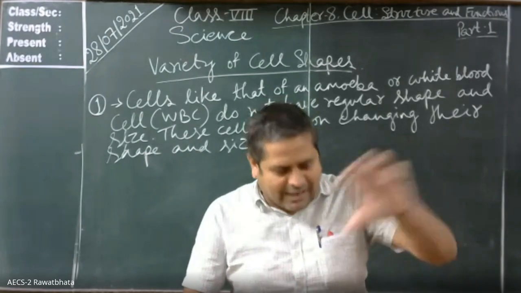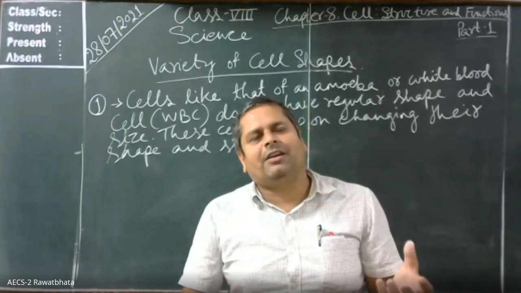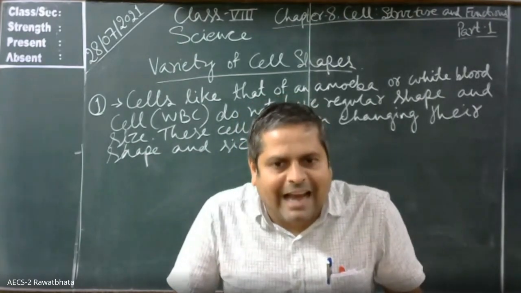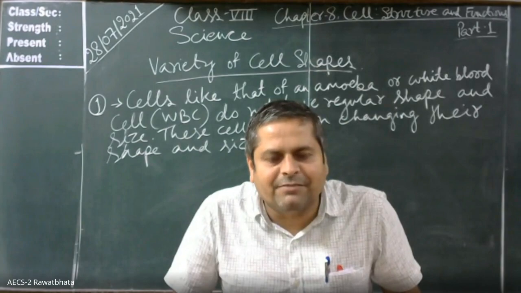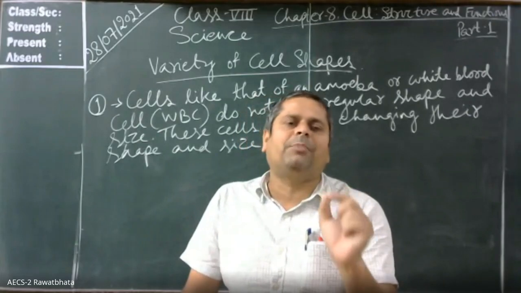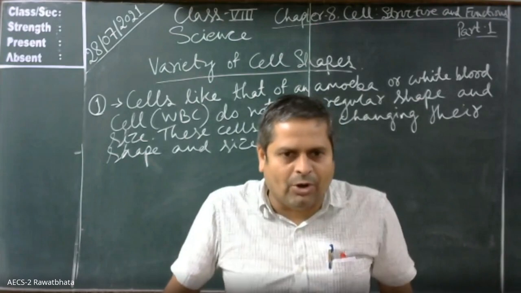It engulfs the food particle and again it comes back to its normal shape and size. Do you remember that? Yes, sir. So that means the shape of amoeba cell is not fixed. It keeps on changing.